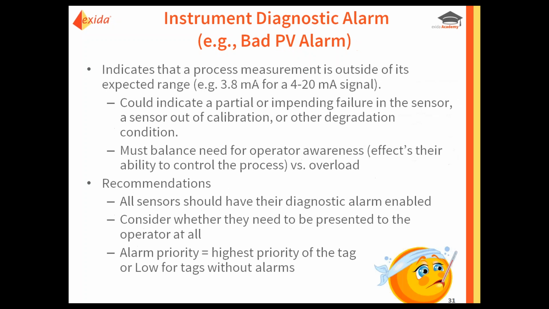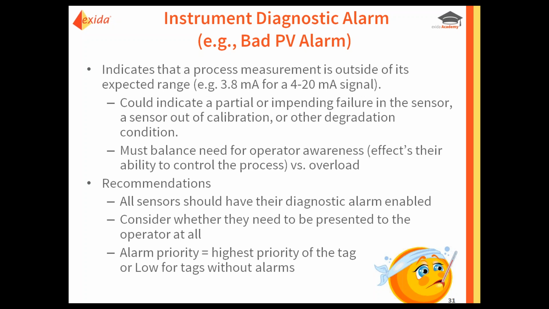We've also gotten information on implementation of instrument diagnostic alarms, such as bad PV alarms. These can be some of the worst sources of nuisance alarms to an operator. So it's worthwhile thinking about how you're going to address these alarms. Are you going to present them all to the operator? Do you want to have this alarm enabled for every analog point?